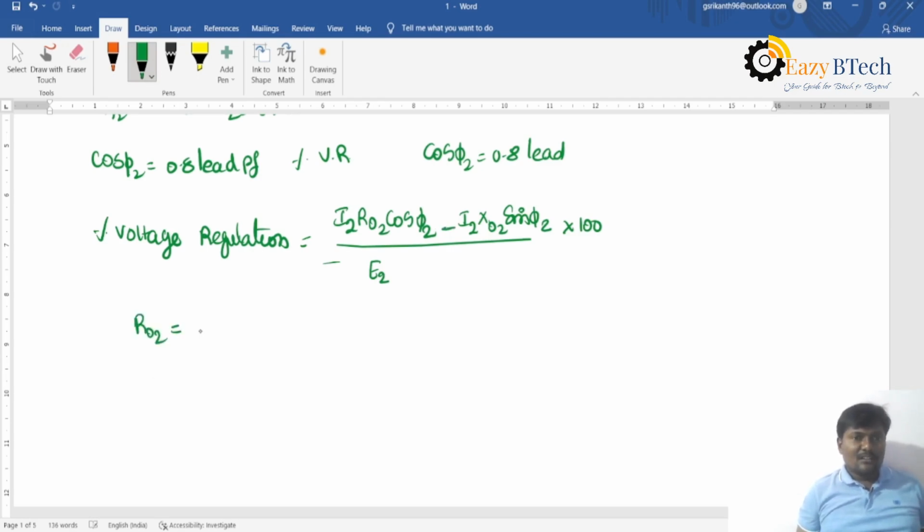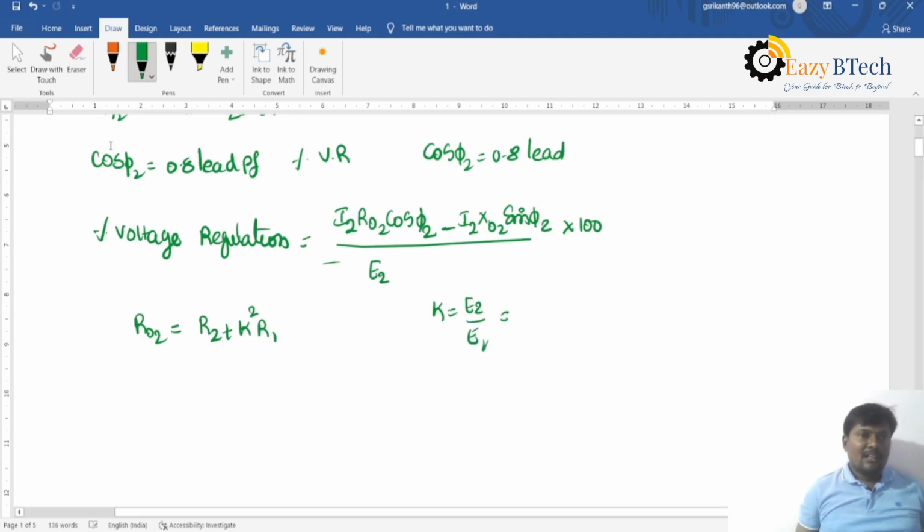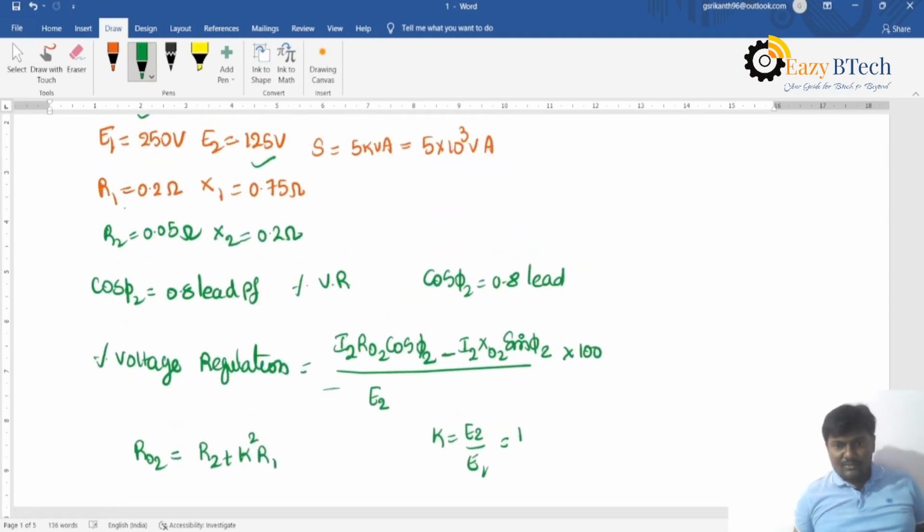To find the R02 value, R2 plus K square times R1, where K is equal to E2 divided by E1. E2 is 125 and E1 is 250. 125 divided by 250 is equal to 1 by 2.